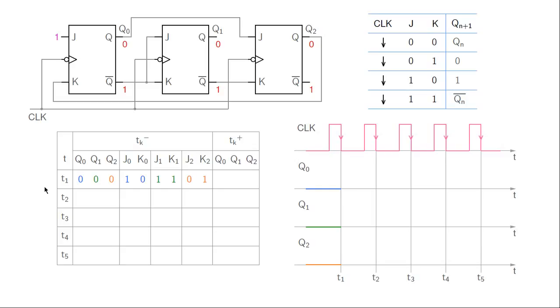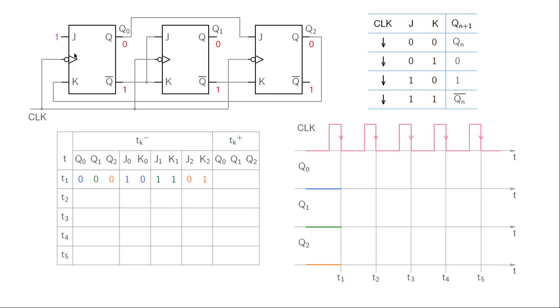Alright, let us start with t equal to T1, and at T1 minus we have Q0 equal to 0, Q1 equal to 0 and Q2 equal to 0. And knowing that, and knowing all these connections for J0, K0, J1, K1, etc., we can figure out what each one of these is going to be at T1 minus.